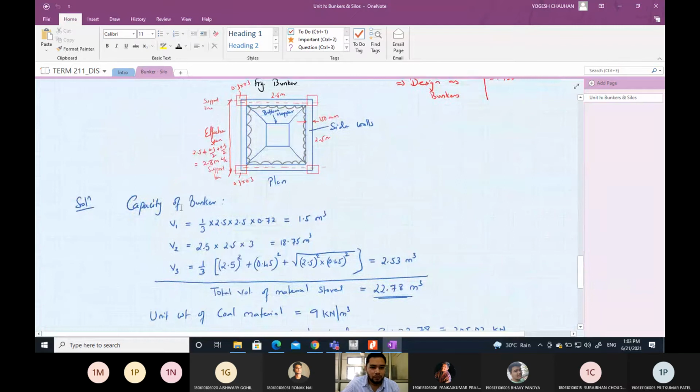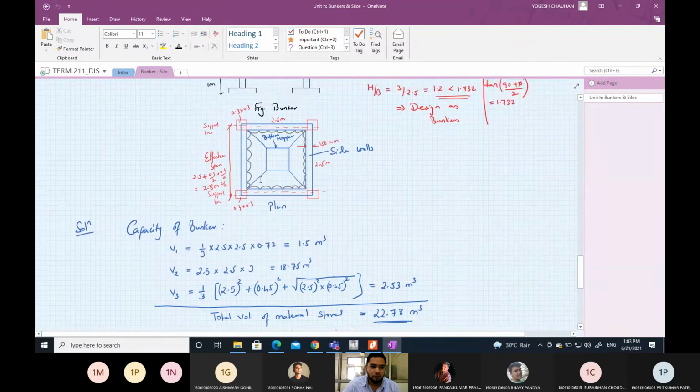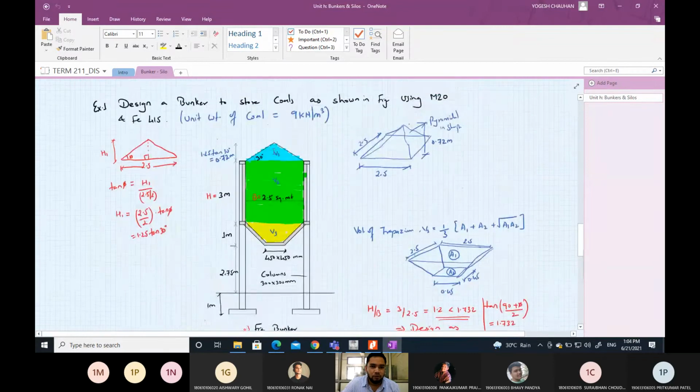So we first find the capacity of the bunker, and let us say the volume V1 is the volume of the coal occupied as a surcharge.